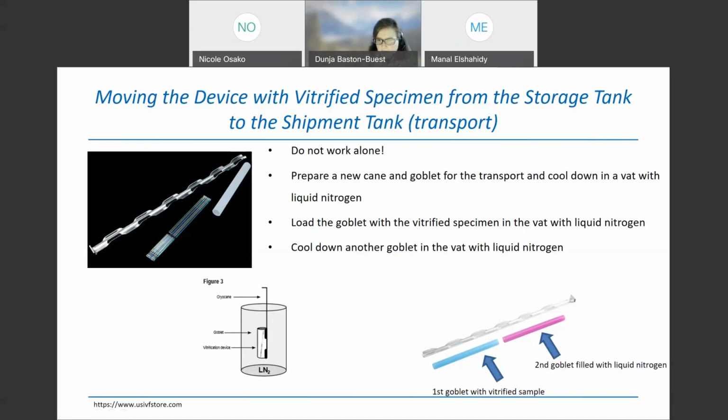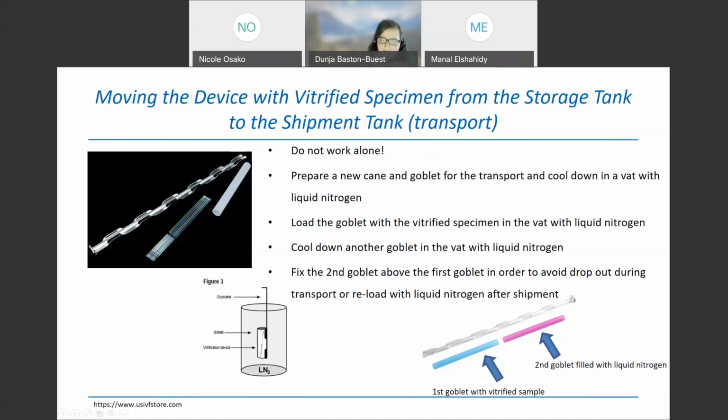And then we cool down another goblet, the pink one in this picture. And then we fix the second one above the first goblet in order to avoid a dropout. And the dropout might happen during the transport or during the reloading with liquid nitrogen in the other center, so after the shipment.